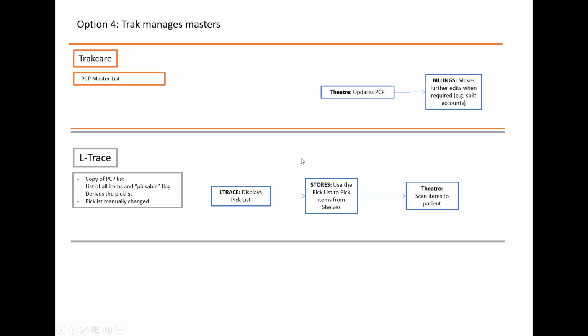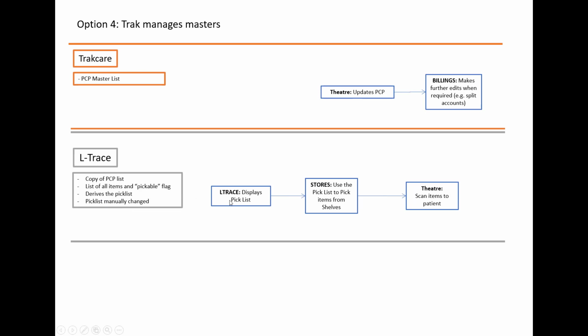So here we go. What we're saying is that the PCP master lives in Track, and LTrace will keep a copy of it. We're going to have a flag to say whether or not it's pickable, and we're going to derive the pick list based on the PCP, and then we're going to allow you to go in and manually make changes to the pick list.